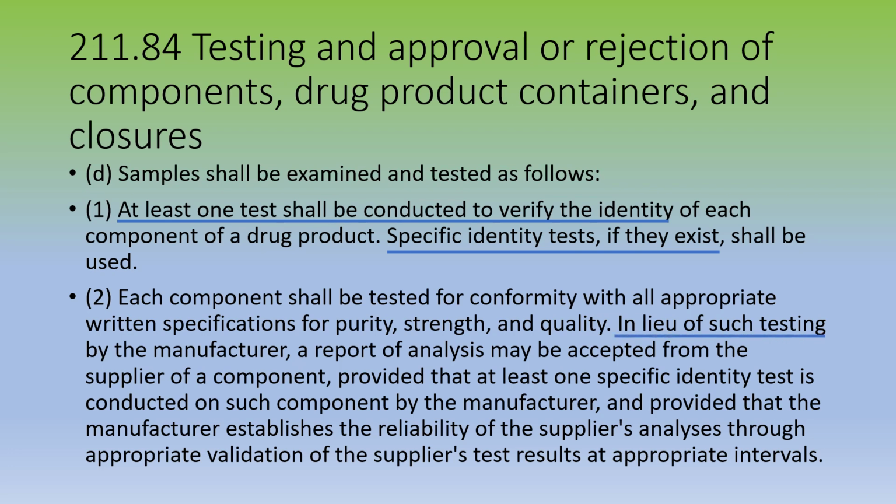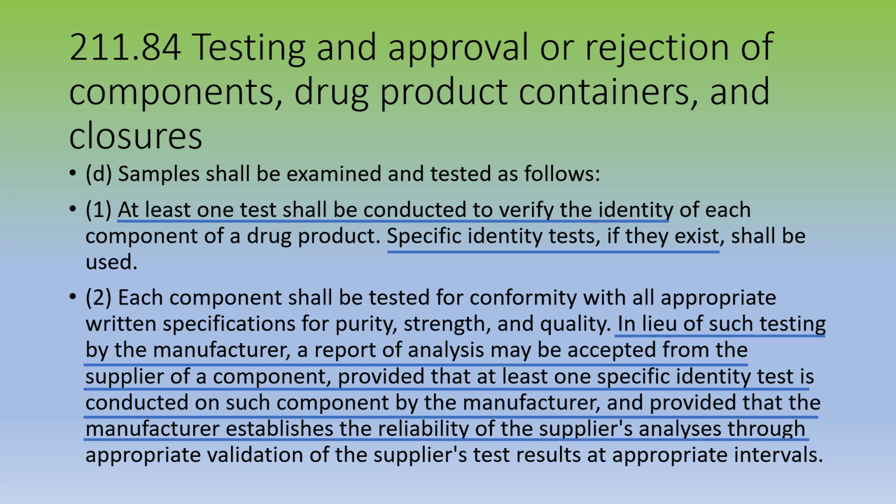In lieu of such testing by the manufacturer, a report of analysis may be accepted from the supplier of a component, provided that at least one specific identity test is conducted on such component by the manufacturer, and provided that the manufacturer establishes the reliability of the supplier's analysis through appropriate validation of suppliers' test results at appropriate intervals.